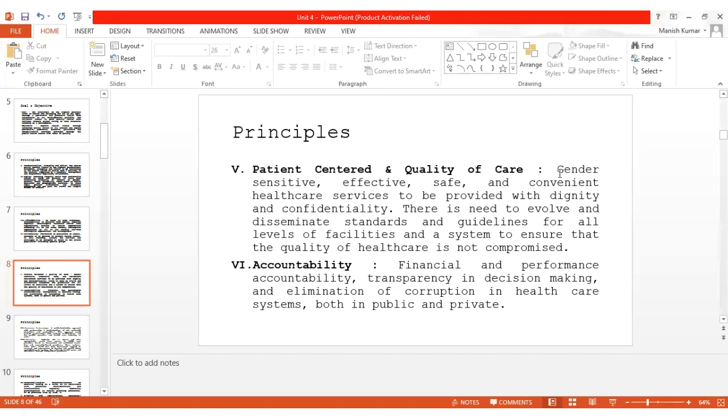Yes, sir. How many facilities are certified NQAS in Manipur? 4, sir. And those are district hospitals? 3 district hospitals and 1 community health center. And how many district hospitals are there in Manipur? 7, sir.